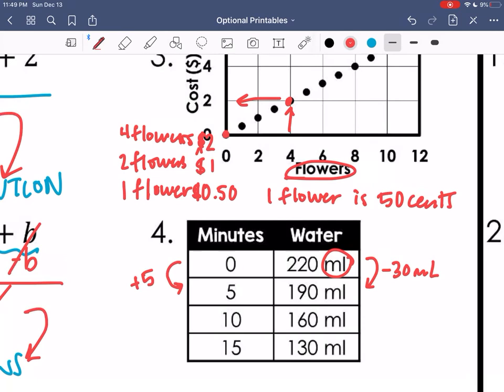So let's see, that's plus 5 minutes. So if we're going down 30 milliliters every 5 minutes, in 1 minute, we would only go down 1/5 of that 30 milliliters. So that would be negative 30 divided by 5, which is negative 6 milliliters per minute.